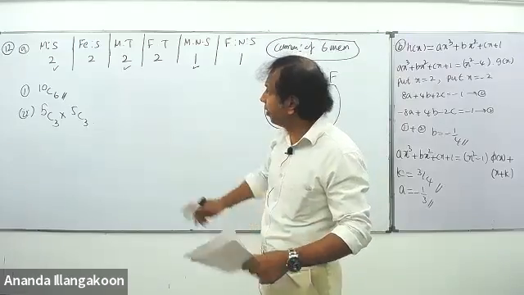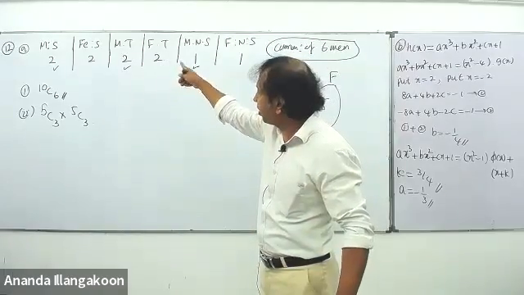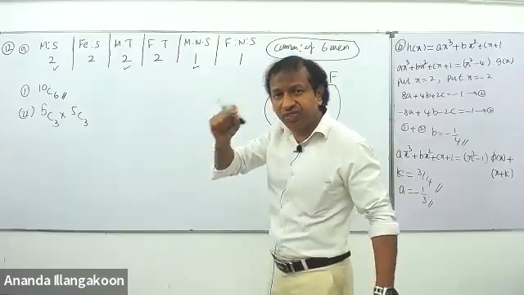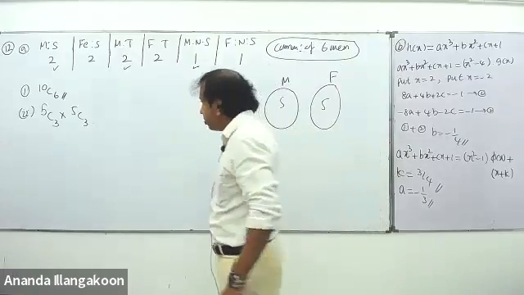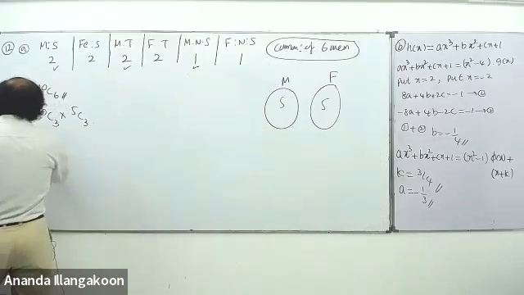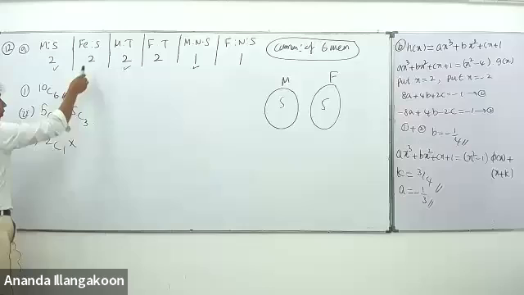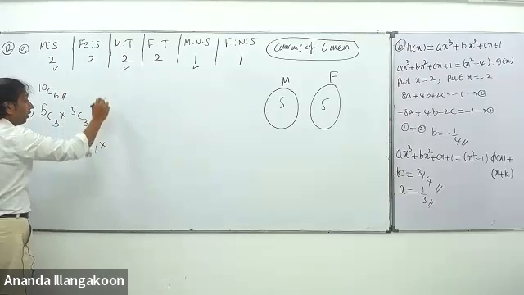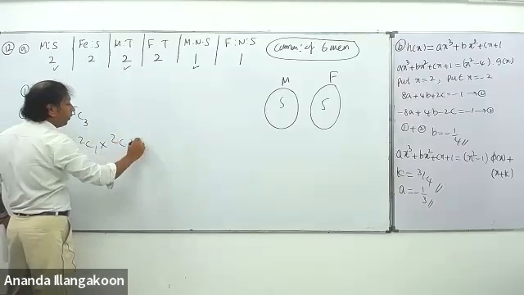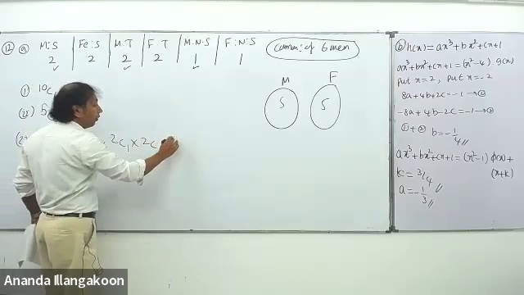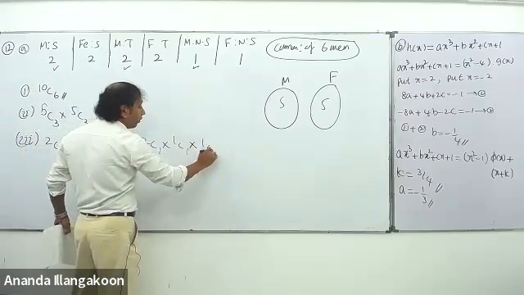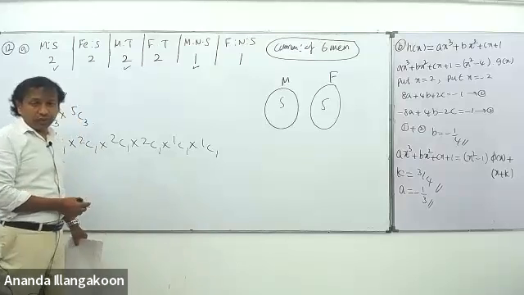Understood? So therefore, third one you can take like this: 2C1 multiplied by 2C1 multiplied by 2C1 multiplied by 2C1 multiplied by 1C1 multiplied by 1C1. That's all, right?